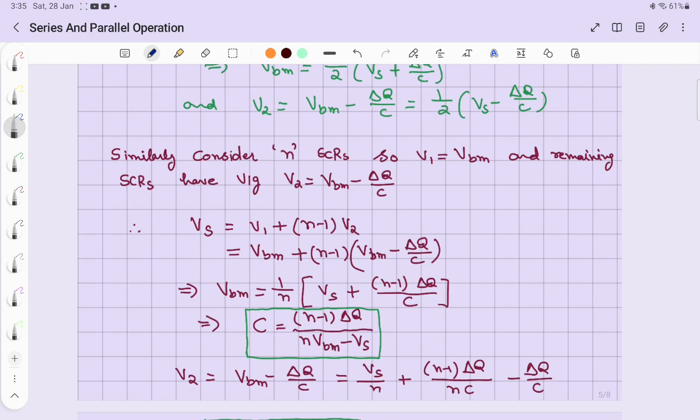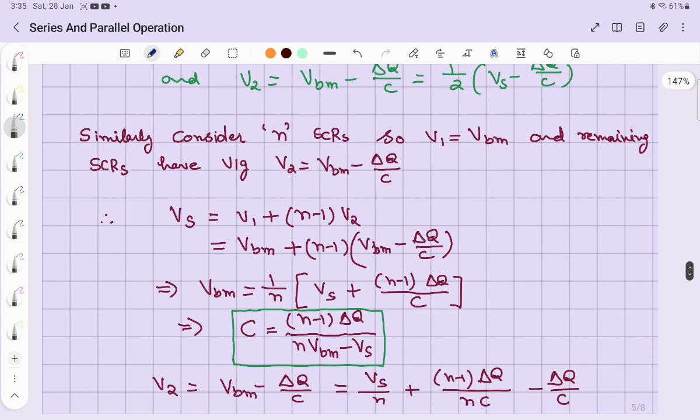Otherwise we would need n different types of capacitors. So assuming the same capacitance is connected across each SCR, they give good string efficiency, and voltage sharing would be equalized, meaning the same.